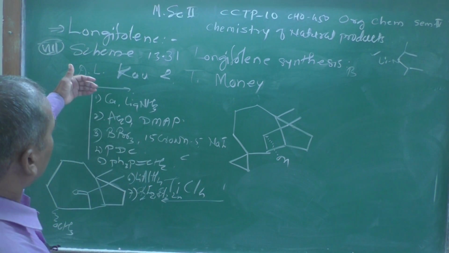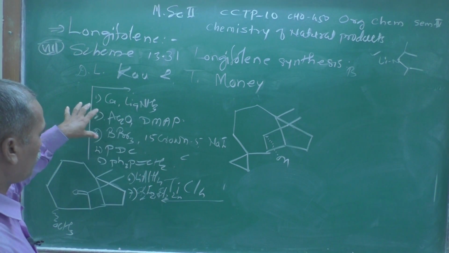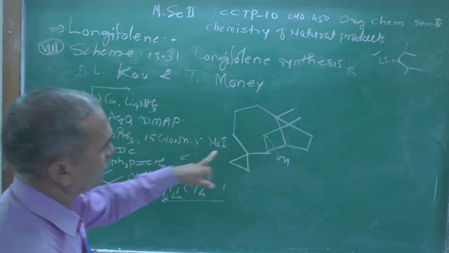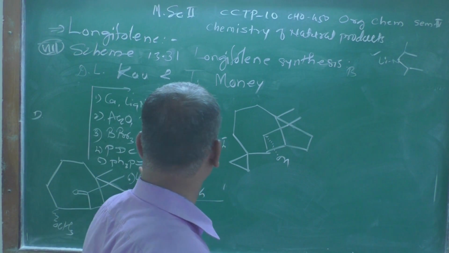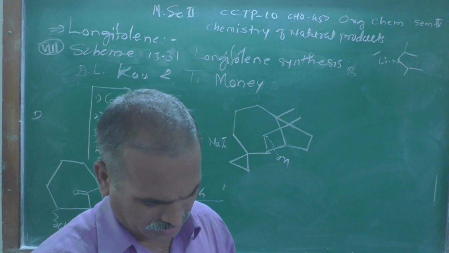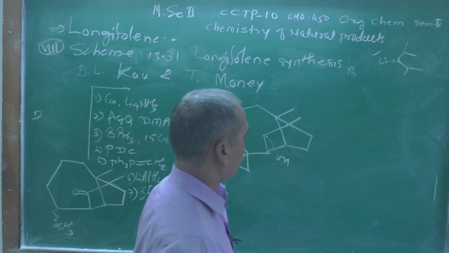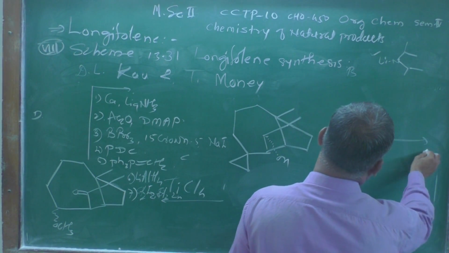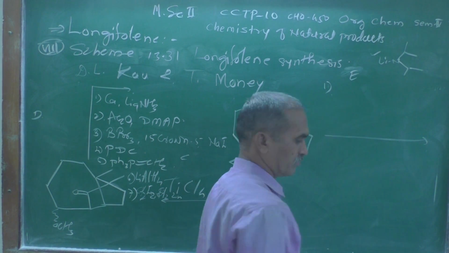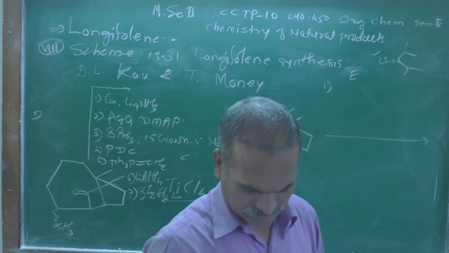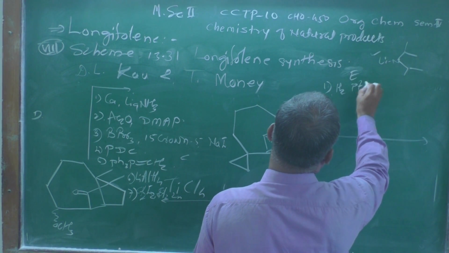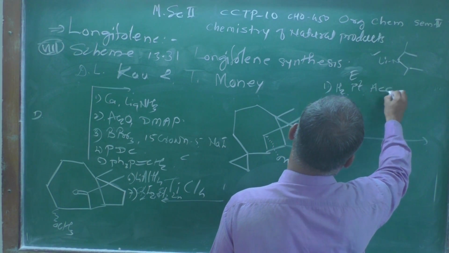So by adding calcium in presence of liquor ammonia, acetic anhydride all together, finally we will end up with the product here, this one with OH and this cyclopropane ring. And finally there is an E reagent, and the E reagents are such as H2 in presence of platinum and acetic acid, AcOH.